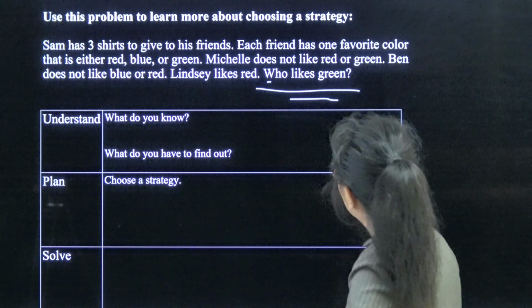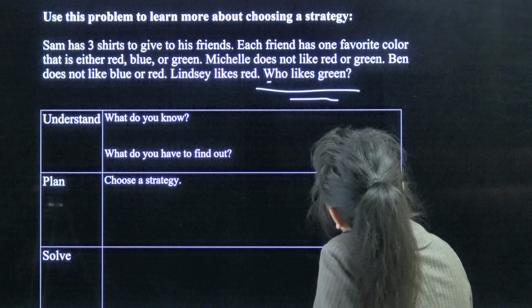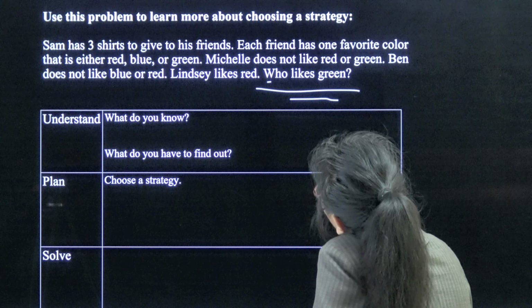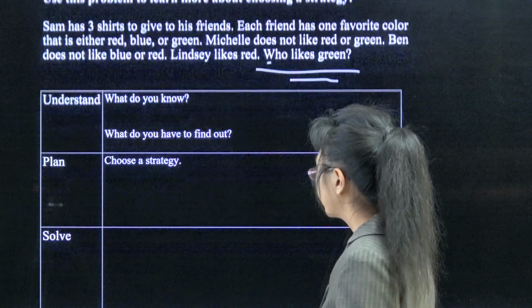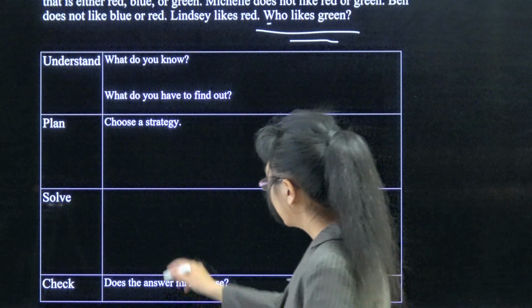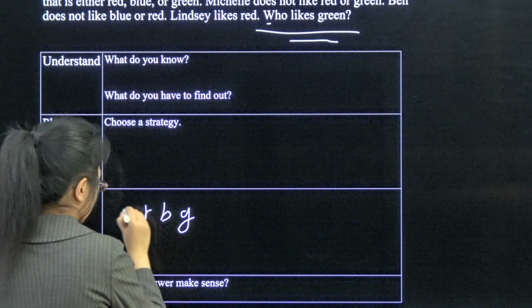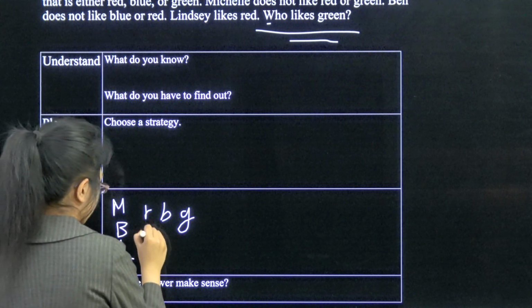So for logical reasoning, we would go, Ben does not like blue or red. There's only green left. So Ben likes green. For drawing a chart, we'd have red, blue, green, Michelle, Ben, Lindsay.